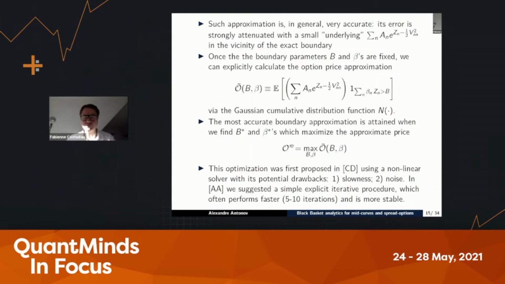So this O star will be our price. This optimization was proposed by Carmona and Durrleman using a nonlinear solver with, of course, all its potential drawbacks like slowness and noise. In my paper, we have suggested a simple explicit iterative procedure which performs in like 5-10 iterations. And of course, it's more stable.